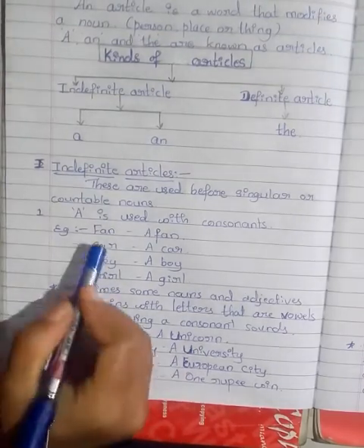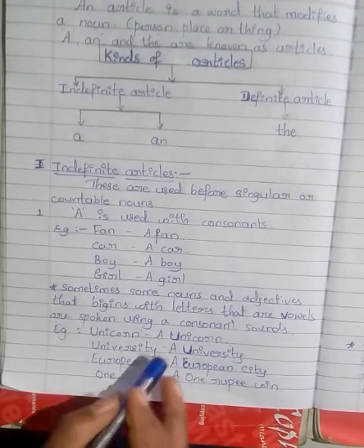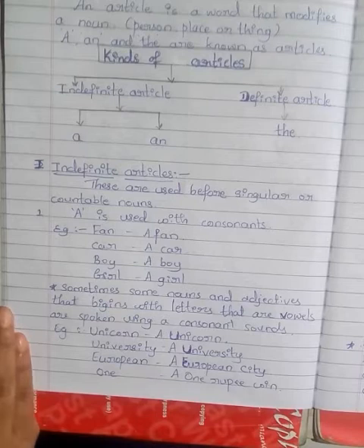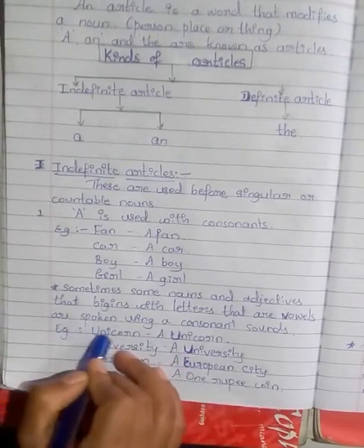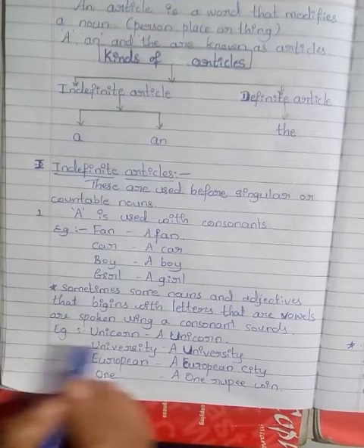Not only do we have to think about the spelling, we have to think about how the word is pronounced. Understood students? So here unicorn is pronounced with a Y sound. As you know, Y is a consonant, so we have added A here.